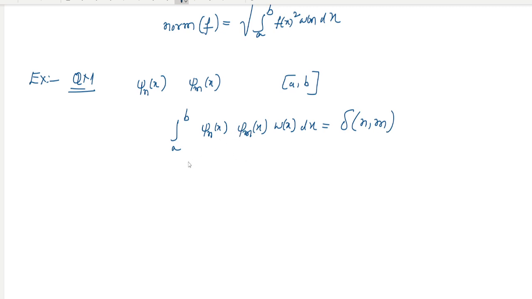Here delta n comma m is the familiar Kronecker delta function, whose value is 0 if n is not equal to m, and whose value is 1 if n equals m.